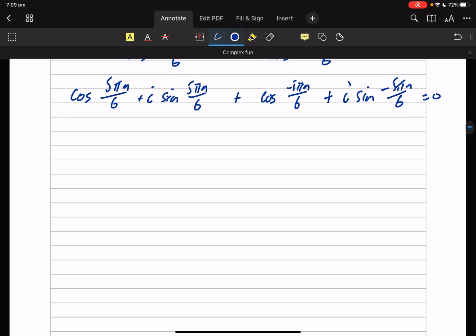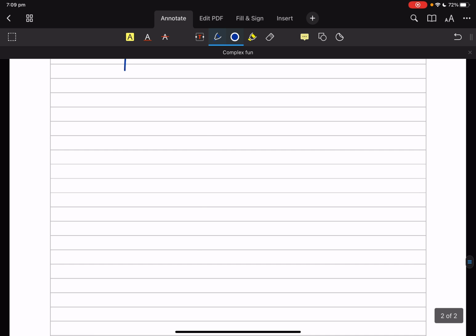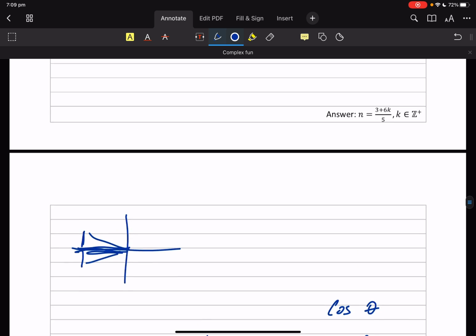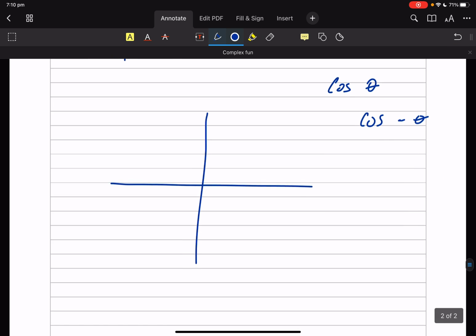And again we get to a bit of a stumbling block, and hopefully we've got an understanding of trig symmetry. So let's look at cos theta and cos minus theta. What we're looking at here is a 5 pi and a minus 5 pi, so we want to simplify that trigonometry.